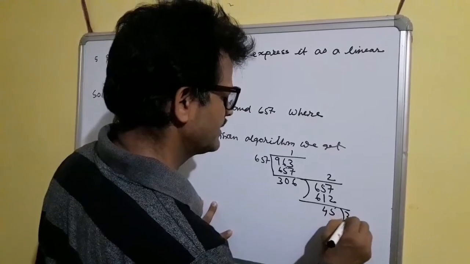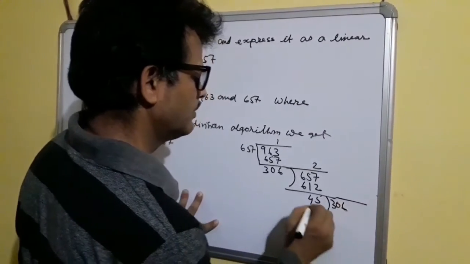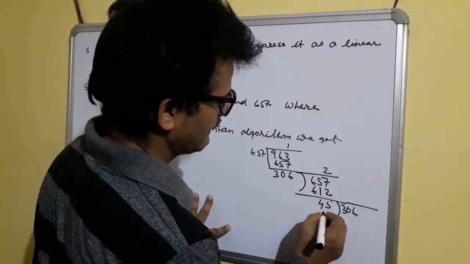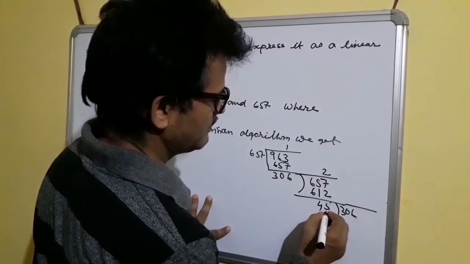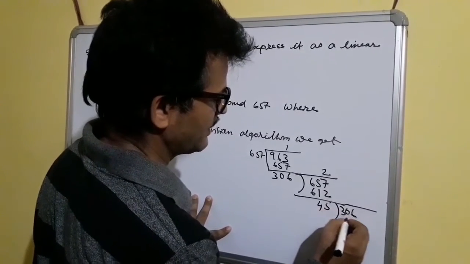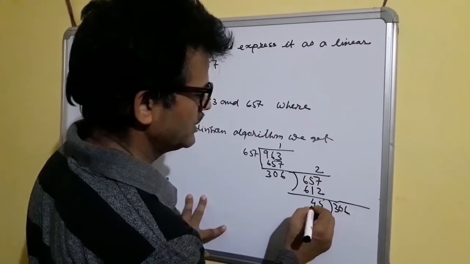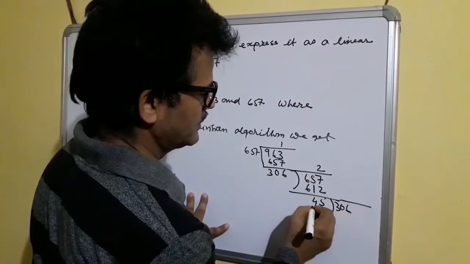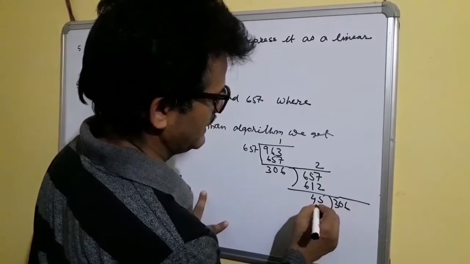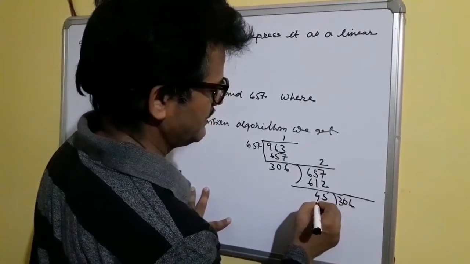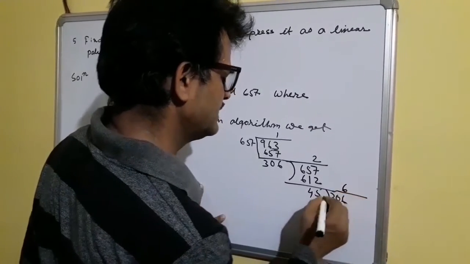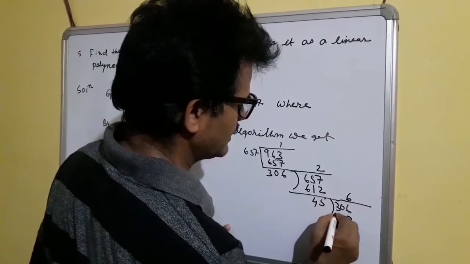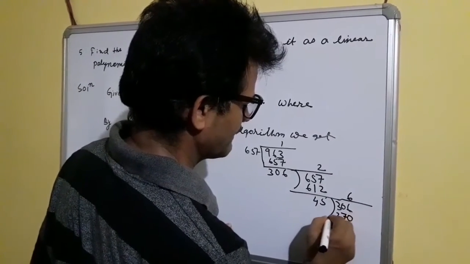Then we divide 306 by 45. How many times of this? Will it be 8 times? Not 8 times, 7 times. 7 5 is 35, and 7 4 is 28 plus 3, it will be more than this. So it is not 7, it will be 6. 6 times. 6 5 is 30, 0, carry 3. 6 4 is 24, plus 3, 27.